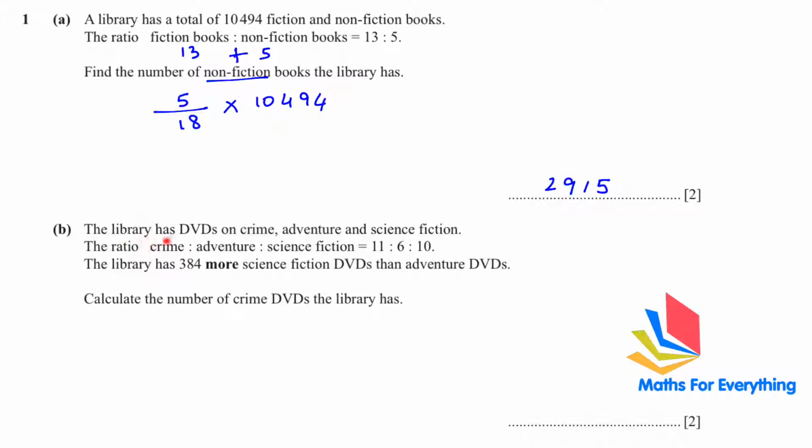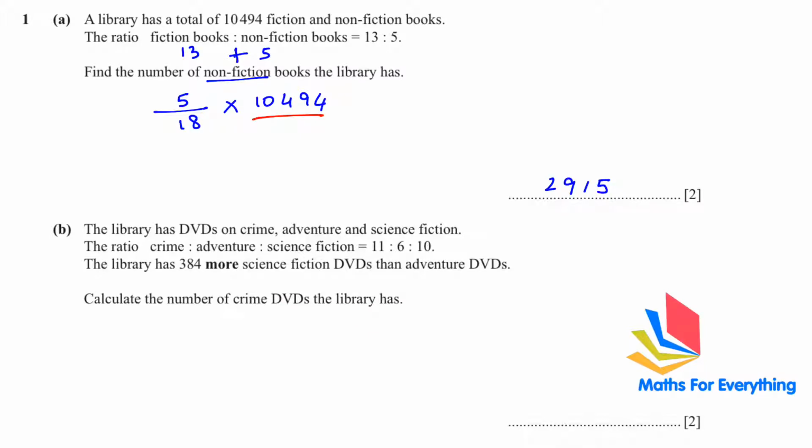Part B. The library has DVDs on crime, adventure, and science fiction. The ratio is given to us. The library has 384 more science fiction DVDs than adventure DVDs. Calculate the number of crime DVDs the library has.